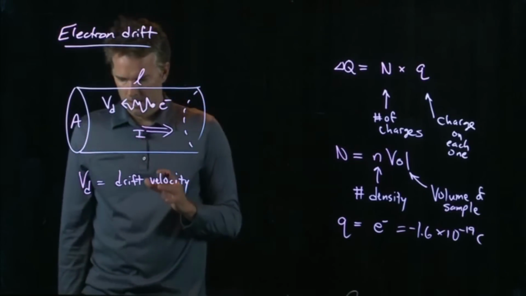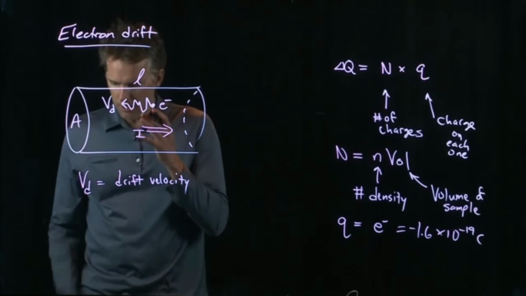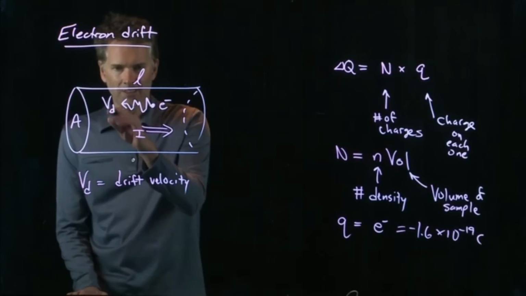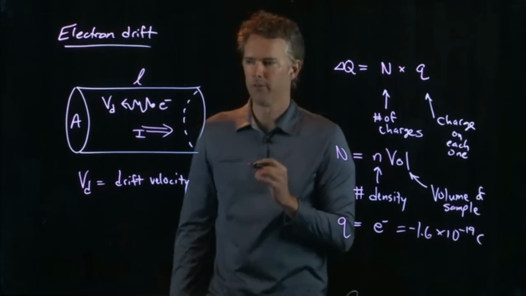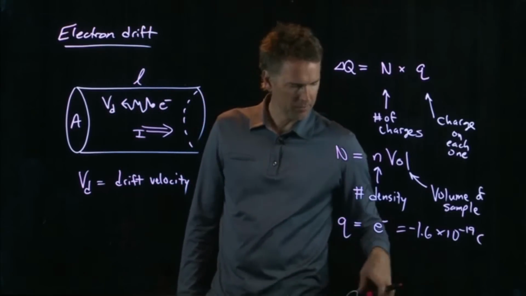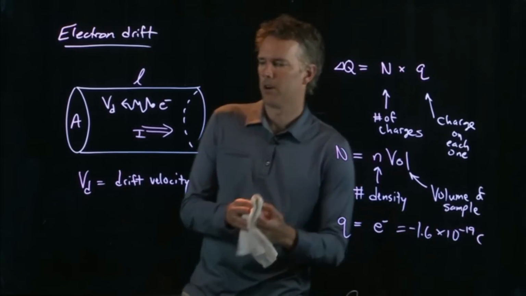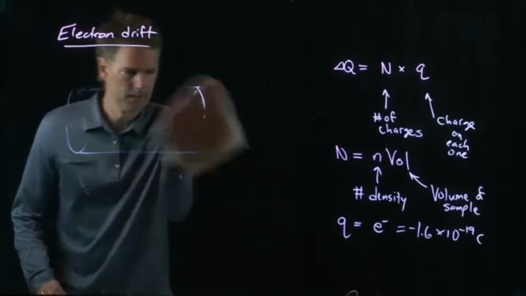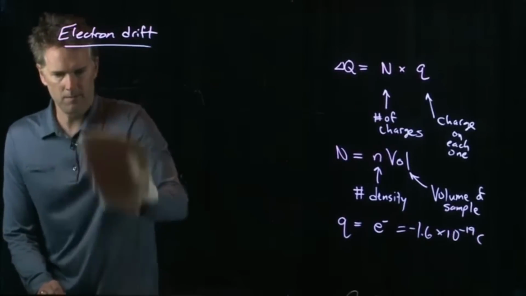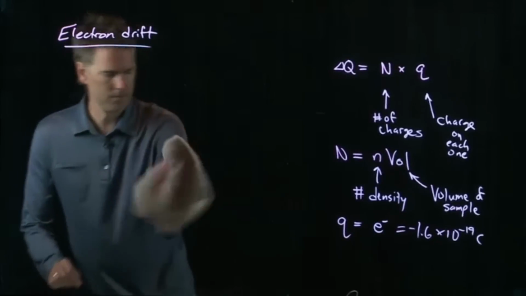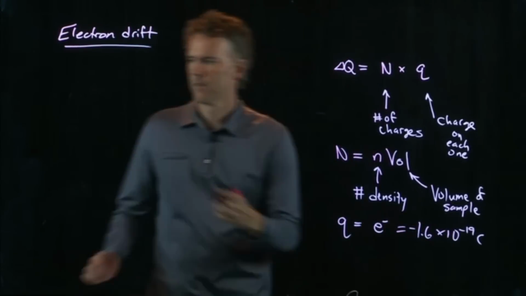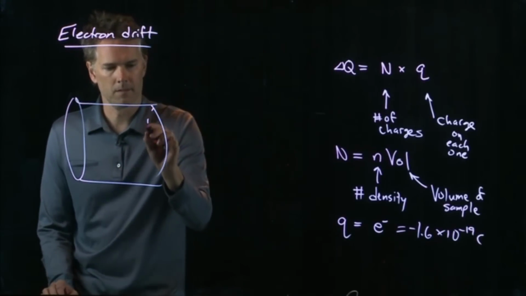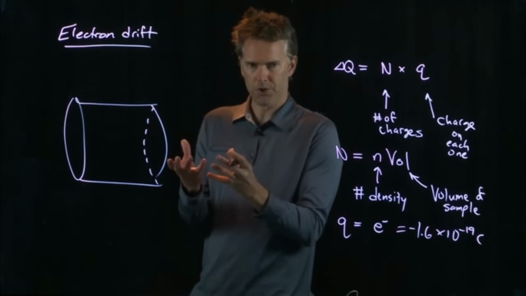Okay. If that is the amount of charge, can we write it in terms of things that we know here, like the drift velocity? And let's redraw this picture and talk about that. Here is a portion of our wire.